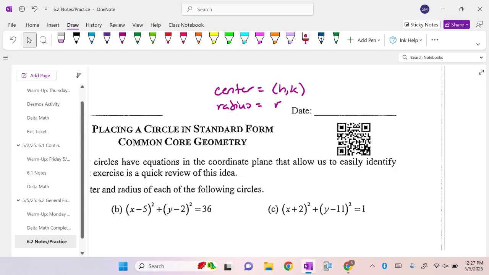So what's the formula for the equation of a circle?